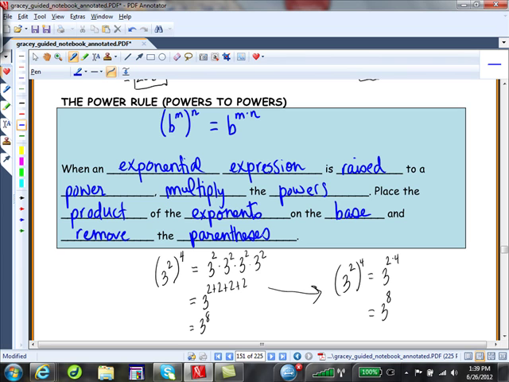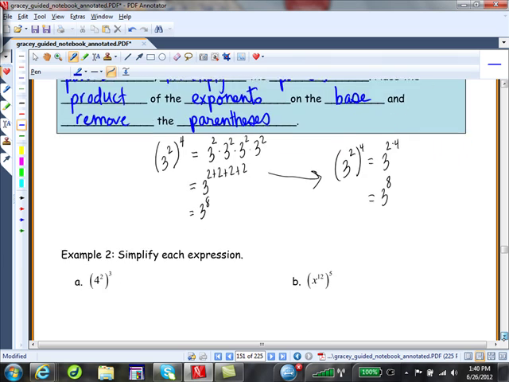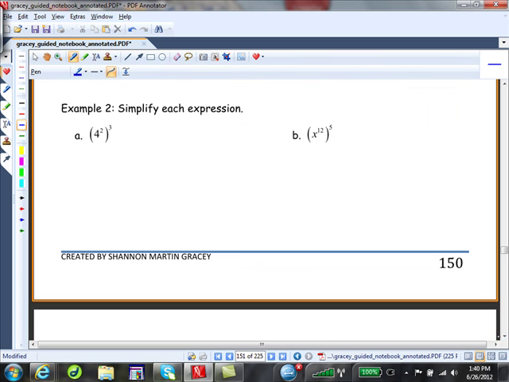All right, so let's take a look at an example. Example 2, simplify each expression. So using our rule here, our base is 4, the powers are 2 and 3, so we're multiplying the powers. This gives us 4 to the 6th, and if you were to work that out on your calculator, you would get 4,096.